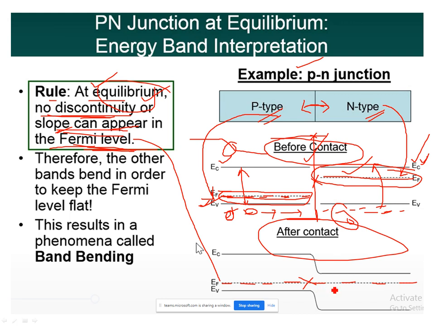Whenever it bends down, we say that a slope is formed. So this rule says that there should not be any discontinuity, nor any slope, whenever two materials are combined and come into the condition of equilibrium.